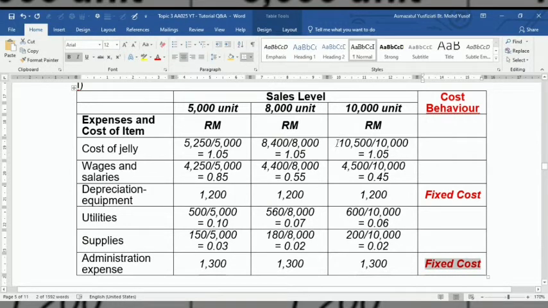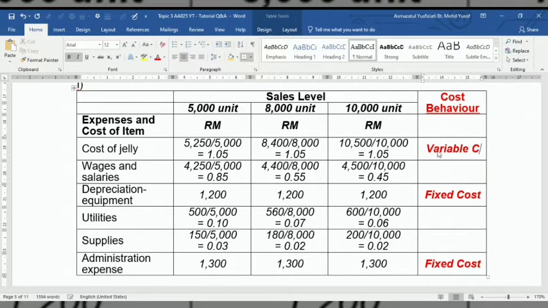The total cost is 10,500 divided by 10,000 unit equals to 1 ringgit and 5 cents. So you can see that the characteristic of cost of jelly, the total cost is not same, but the cost per unit is same at all level. So this characteristic is variable cost.